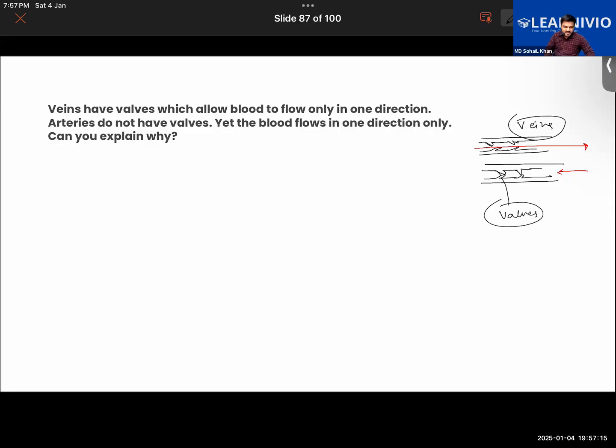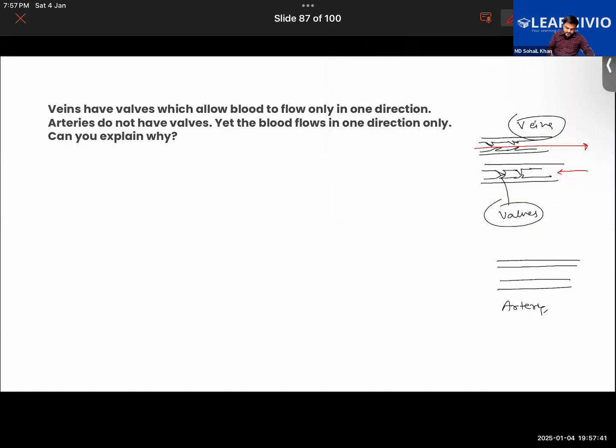So this happens in the veins. But in the arteries, they are not found. If you were to talk about the arteries, see, that is the artery, for example, the structure of an artery. There are no valves in this, but still blood flows only in one direction. The blood does not go in the opposite direction in the artery. Why does it not happen so?